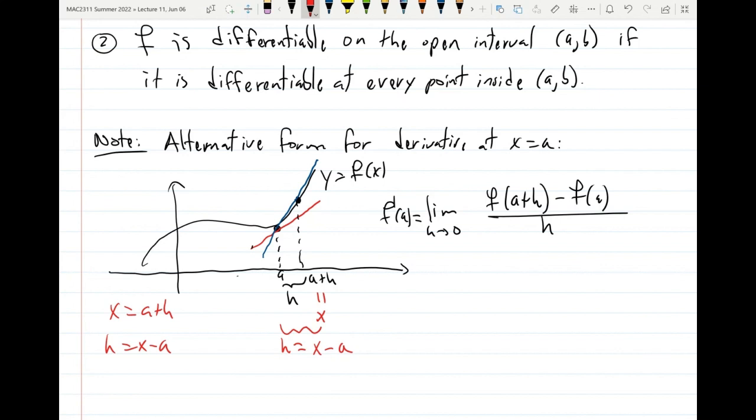Okay. Now let's go to a formula. So f prime of a is going to be the limit of. So let's see. Instead of f of a plus h, that's just f of x, because I'm calling this guy x, minus f of a, and then instead of h, I put x minus a.